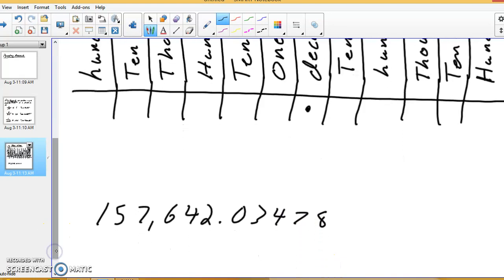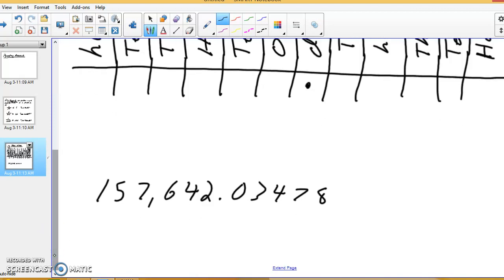So this is read as 157,642.03478. We'll say point for the decimal and then just read the rest of the digits straight off from there.